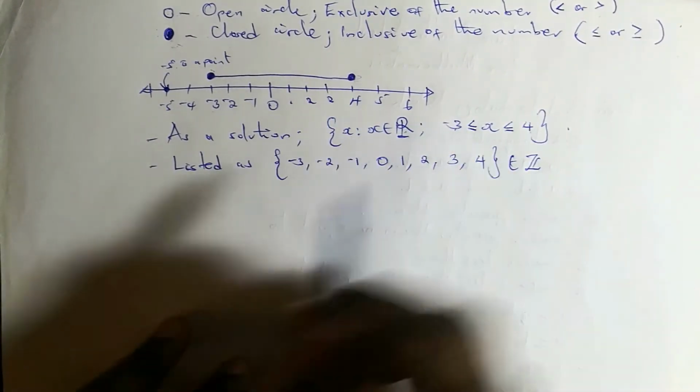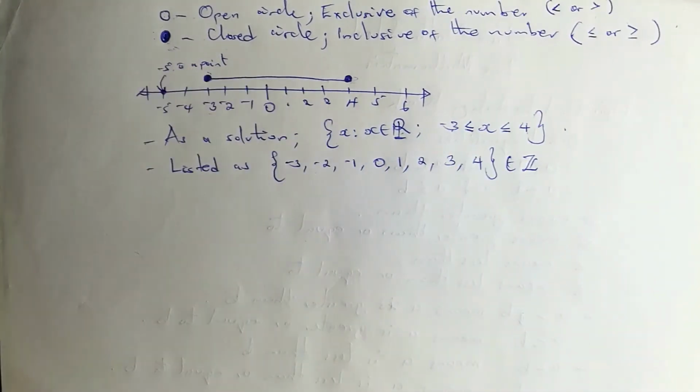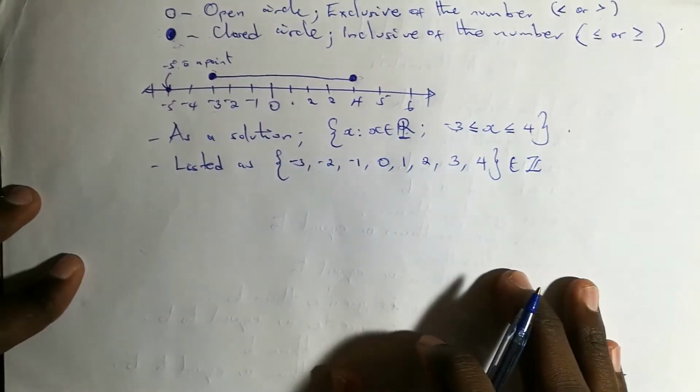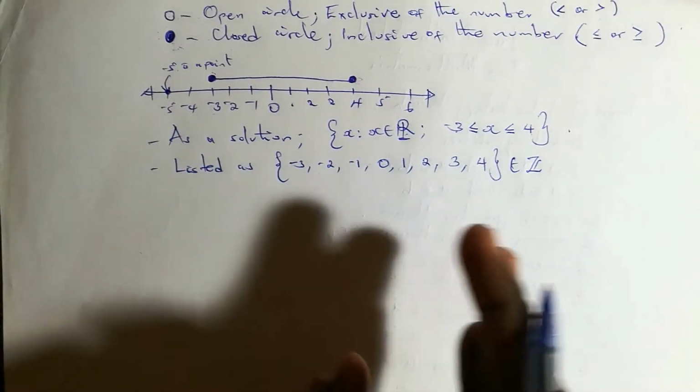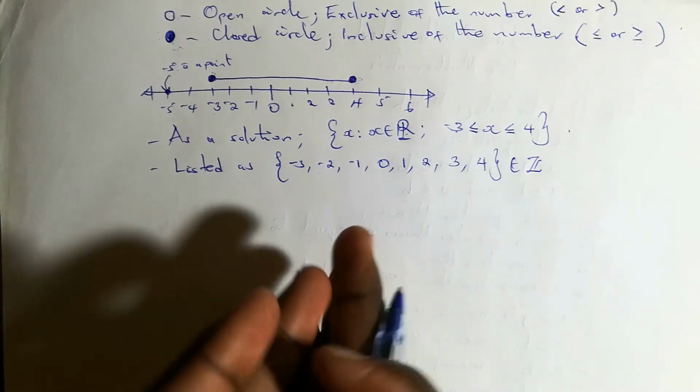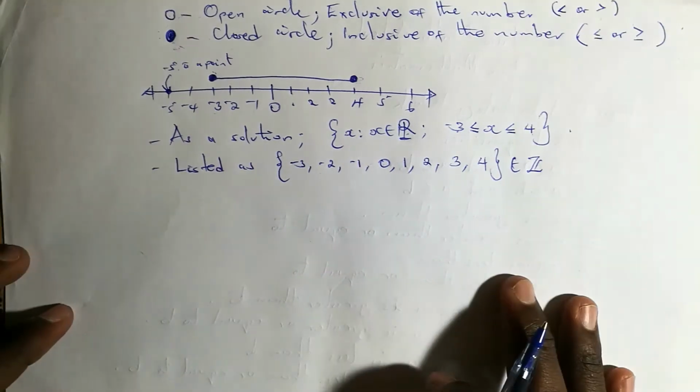You rather explain it as a solution set, or in grammar as that. But for integers, integers are 1, 2, 0, and positive numbers and negative numbers as well.